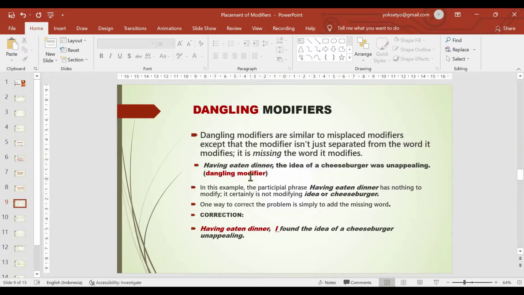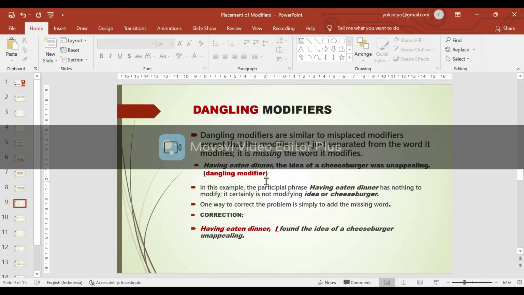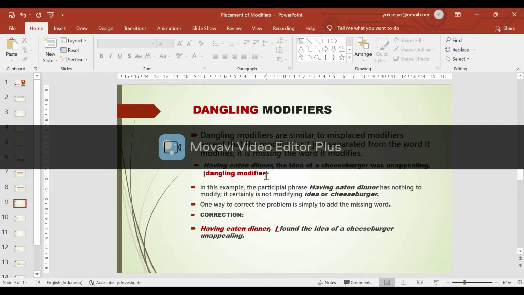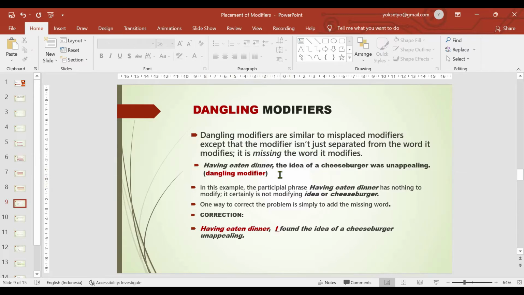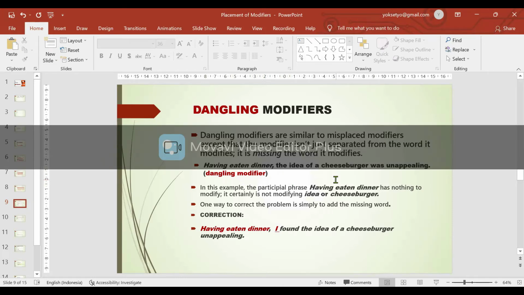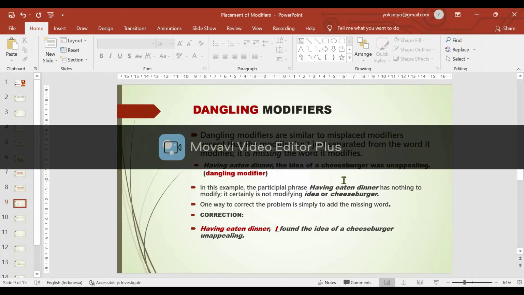Look at the subject of each clause. The first clause, having eaten dinner. We don't know the subject, right? And then the second clause, the idea of a cheeseburger was unappealing. So the subject is the idea of a cheeseburger, right?